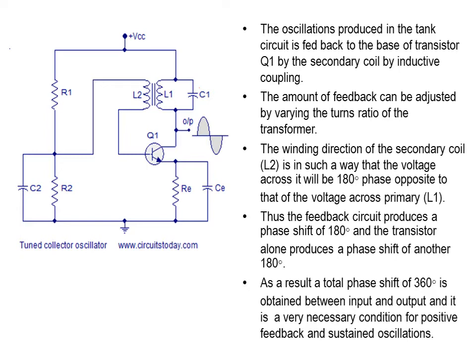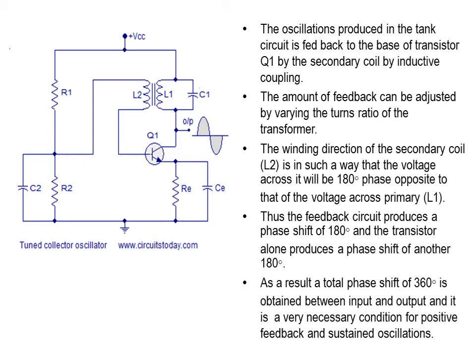So the feedback is the voltage developed across L2 through mutual induction. Okay, so we have explained how oscillations are generated in the tank circuit containing L1 and C1. We have explained how feedback voltage is provided back to the input of Q1, the oscillator. That is actually the voltage developed across L2 through mutual induction.